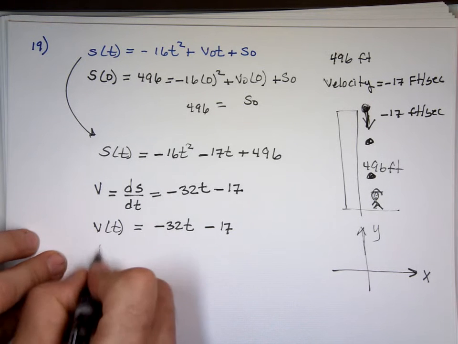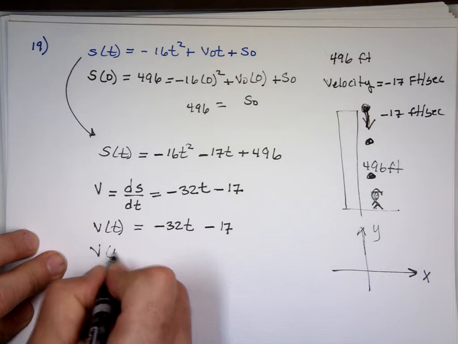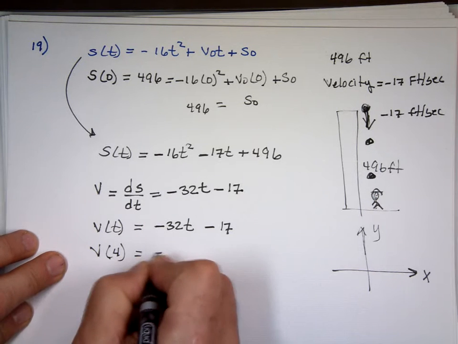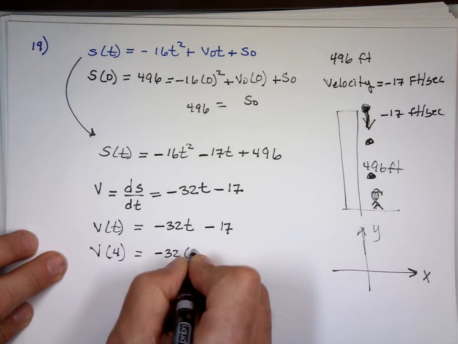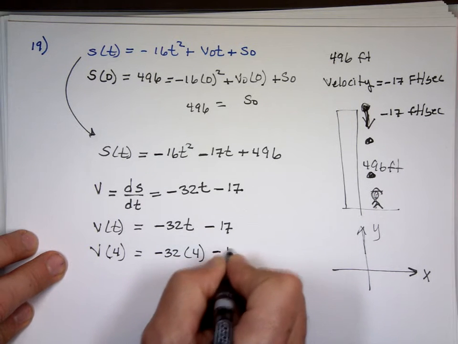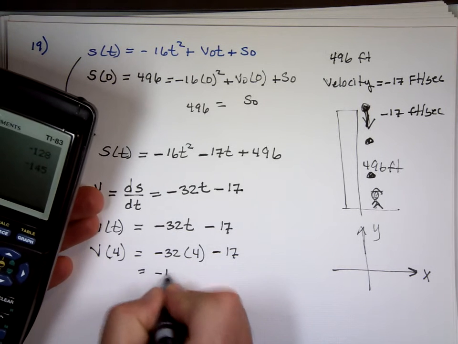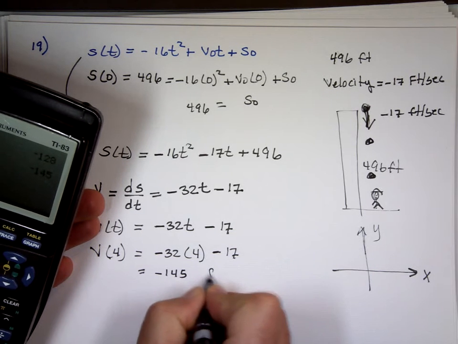So what is the velocity after 4 seconds? That's negative 32 times 4 minus the 17. So negative 32 times the 4 minus the 17, it is negative 145 feet per second.